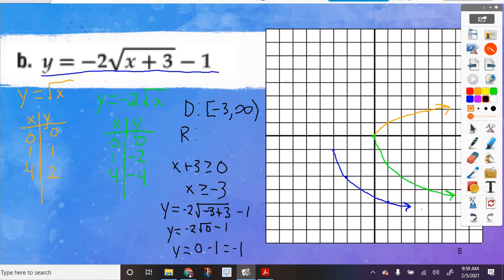So our interval is going to be flipped, so it's going to be negative infinity to negative 1. Or the other way that we could write that would be f of x such that f of x is less than or equal to negative 1. So just be aware that when we reflect it or have a negative on the outside, it's going to change our range a little bit.